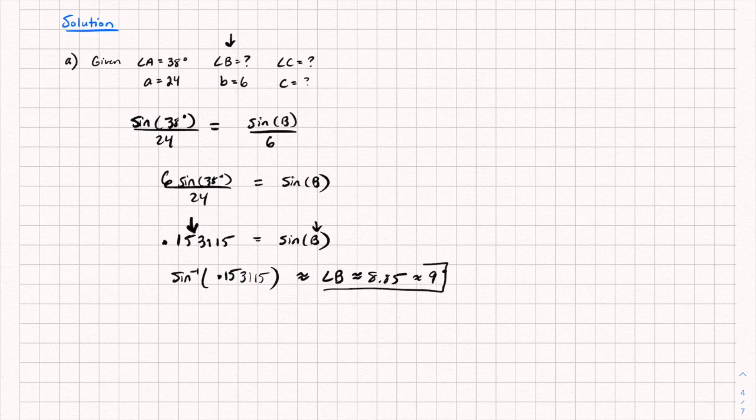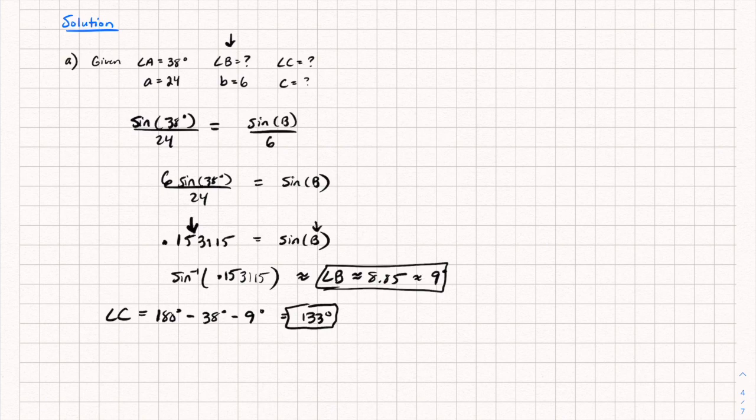So there's my B. B exists, so that means I have at least one triangle. From here, I can go through and find C. I know that out of 180, A is 38, and B is 9. So this would give me an answer of 133 for my angle C.